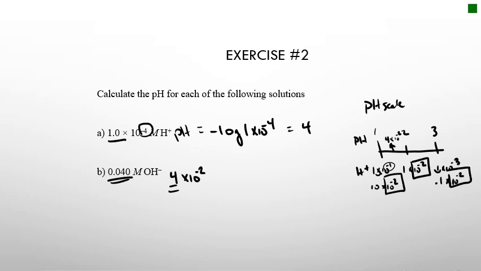So now all I have to do is take the negative log of 4 times 10 to the minus 2, and you end up with a pH equal to 1.40. 2 significant figures here, 2 significant figures here. Okay. So technically I should put 4.00 on the first one.